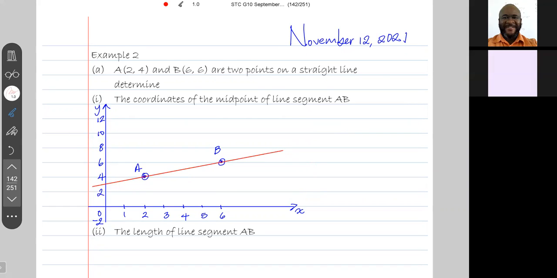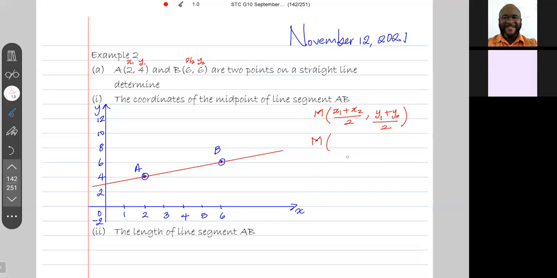It says determine the coordinates of the midpoint of AB. So there's a formula for the midpoint, and the formula is M is the point ((x1 plus x2) over 2, comma, (y1 plus y2) over 2). Let's call this x1, y1, and call this x2, y2.